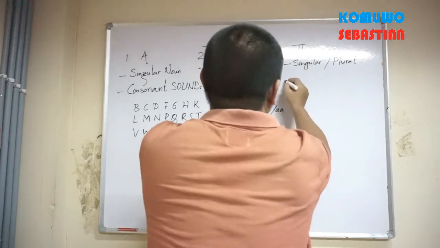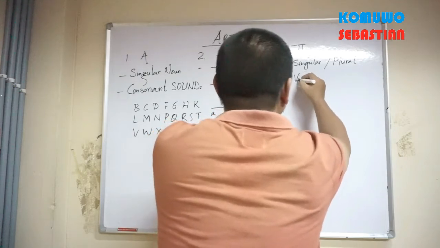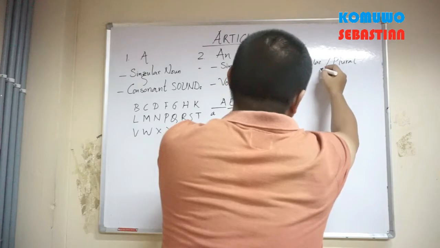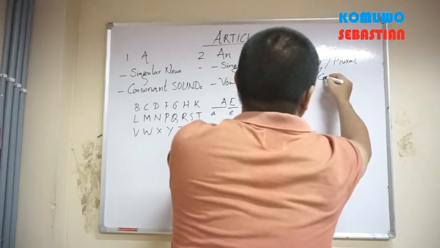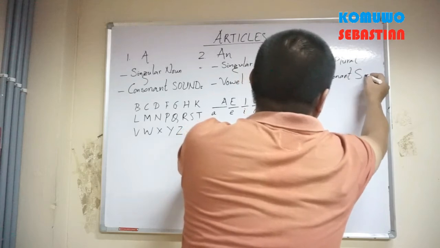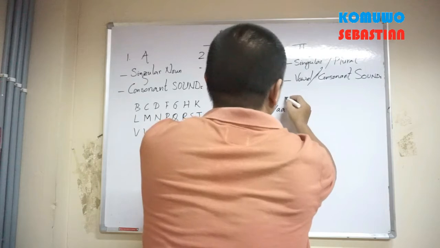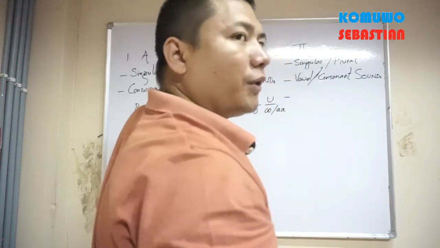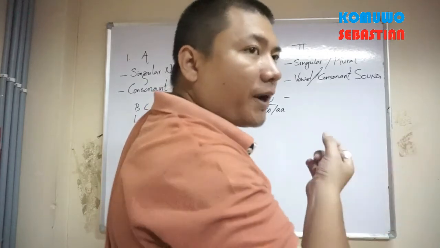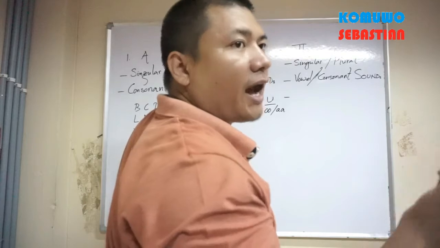And the second thing is it is used for both vowel sounds and consonant sounds. And the third thing is we use this especially when we particularize an object or a noun.